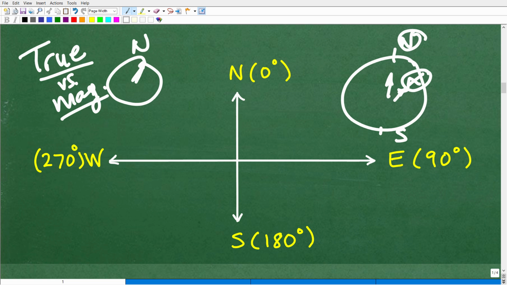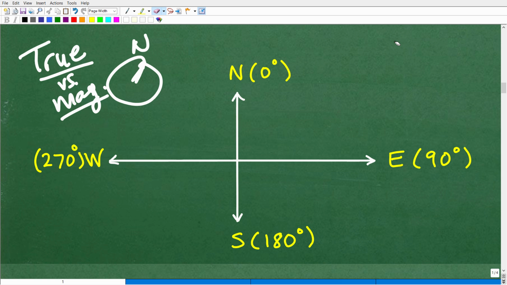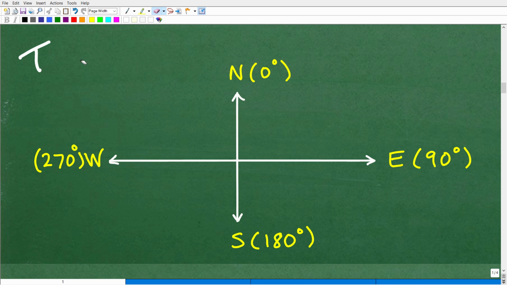There's a big, huge iron ore deposit. So we have things called deviation and variation, things to correct our compass, but that's a whole other deal. So that's magnetic. When you have a magnetic compass, it's pointing to magnetic north. What we want is true north, and true north is the actual true north.